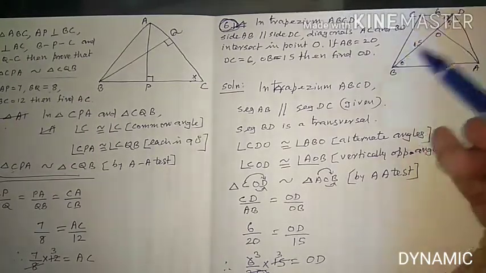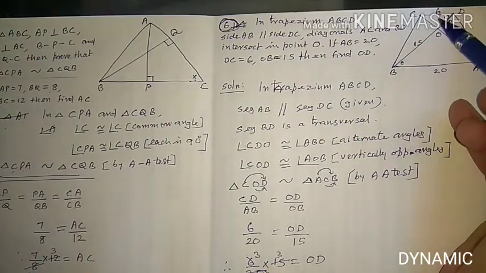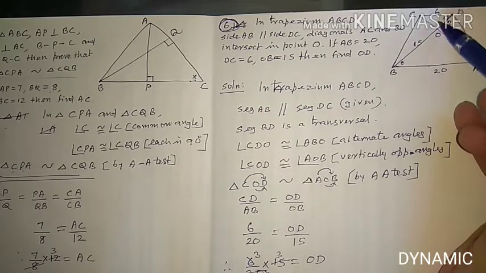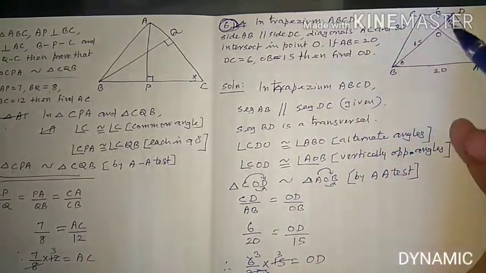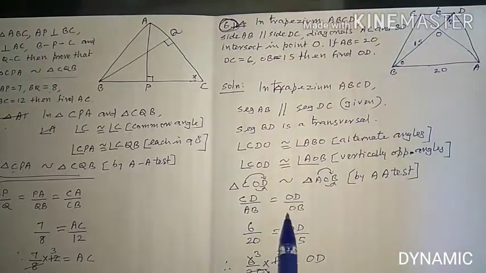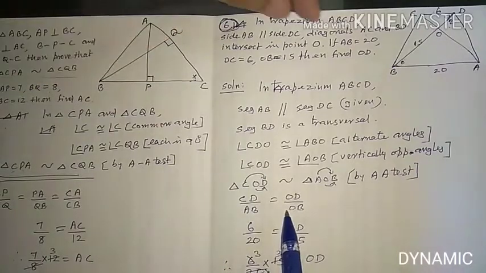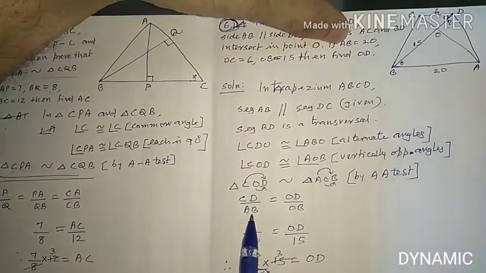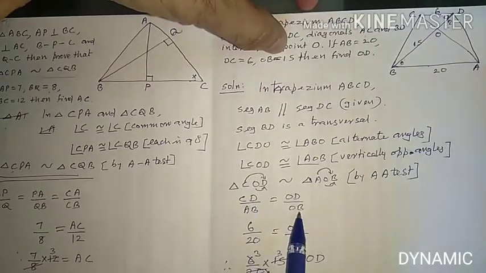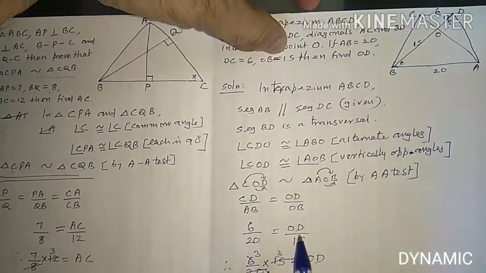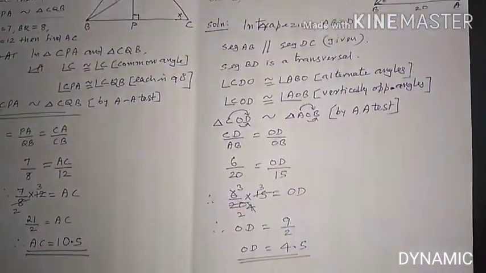Then two angles are congruent, therefore these two triangles are similar. If the triangles are similar, their corresponding sides are proportional. We substitute AB is 20, DC is 6, OB is 15, and the only unknown OD we find is 4.5.